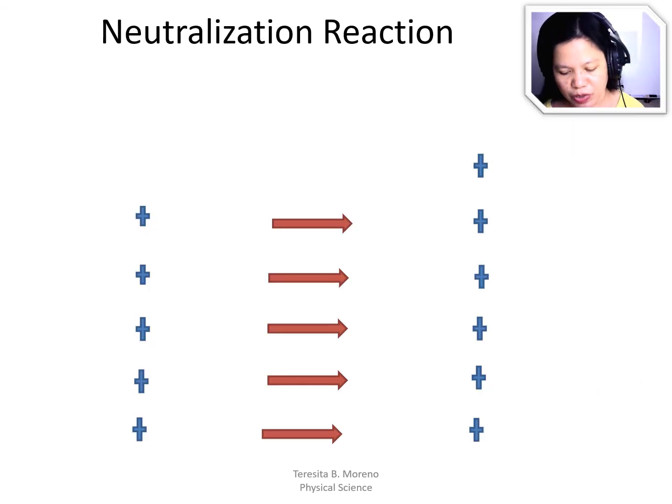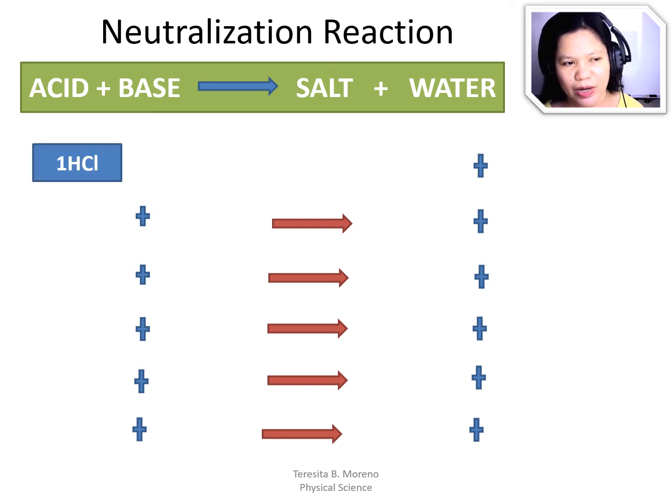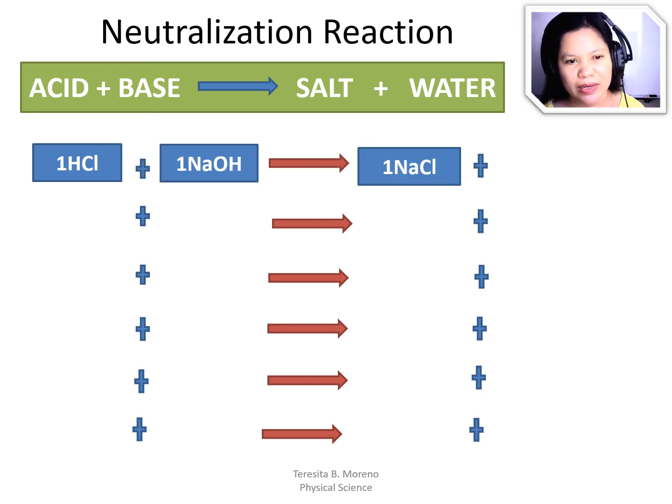For the neutralization reaction, we mentioned that there should be the presence of acid plus base yielding salt plus water. For example, hydrochloric acid plus sodium hydroxide will yield sodium chloride plus water, and sodium chloride is a salt.